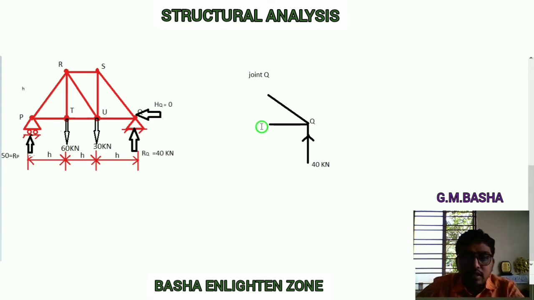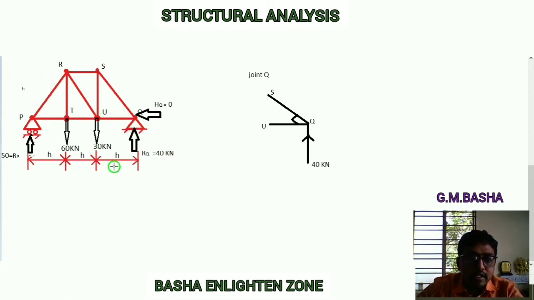Then this member will be U, which is considered as the force in the member QU, and this one will be S. So what is the angle here? See here, this one will be h. Tan theta will be equal to opposite side by adjacent side.